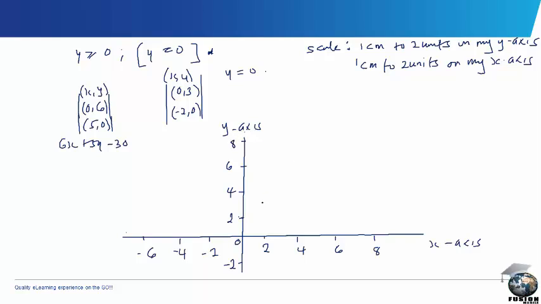On the first graph, when x is 0, y is 6, so y is 6 on this line, and when y is 0, x is 5, which would be in between 4 and 6. Since we have this curve, we have to fit this line and see how it works out.